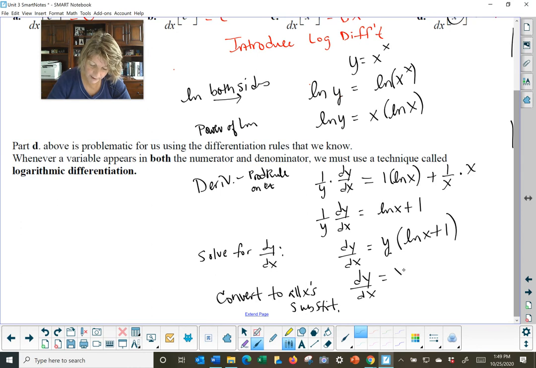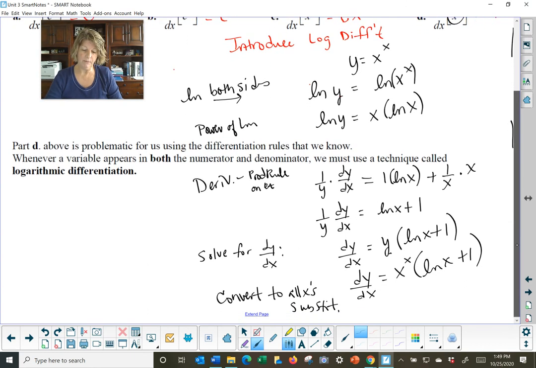So I could put x to the x times natural log x plus 1. How would I know if I should go that far? Well, in the AP, sometimes they say express the answer in terms of x, or they'll say in terms of x and y, and that'll be your guiding principle there.